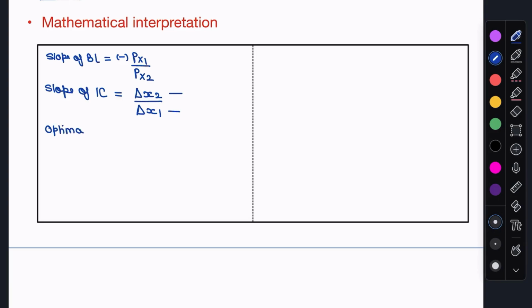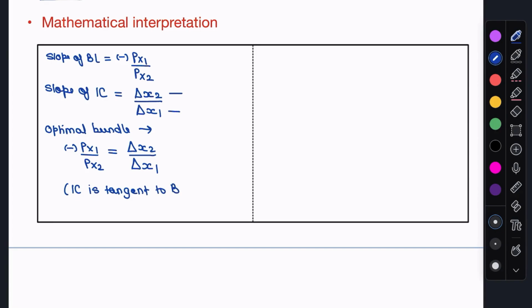Thus the optimal bundle will be where the slope of the indifference curve and the slope of budget lines are equal. This means that px1 upon px2 should be equal to delta x2 upon delta x1, and this would be at a point where indifference curve is tangent to the budget line.